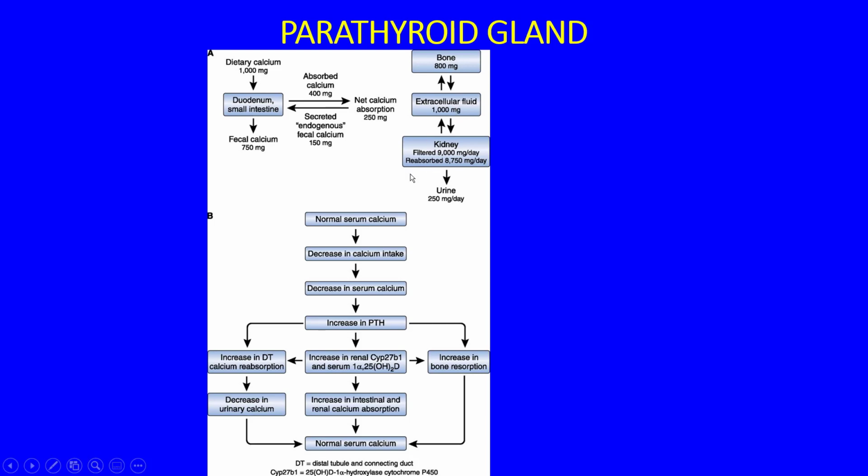You notice the bone is going to be contributing, and it gets to the kidney, and the kidney is going to pass out 250 milligrams per day of that calcium in urine. And if you notice that you have these various situations of decrease in calcium intake, decrease in serum calcium, that's going to trigger the increase in PTH. Okay? And keep in mind that DT stands for distal tubule, so this is the increase in distal tubule calcium reabsorption. You also have an increase in bone resorption, and you have the reestablishment of serum calcium.